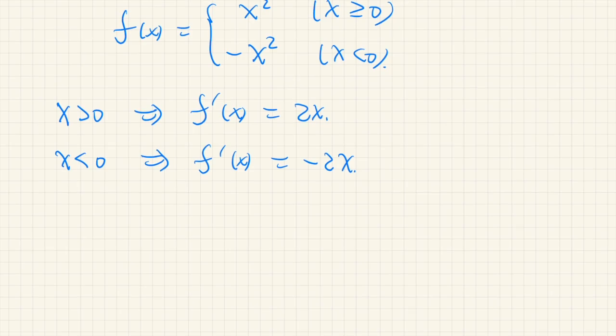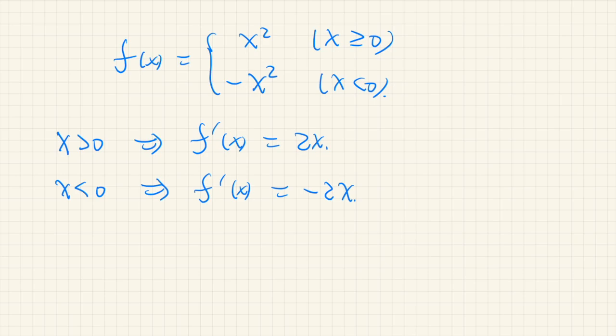For the differential coefficient at x equal to 0 to be defined, the right limit and the left limit must match. So let's see that. x going to 0 from the right. In that case, x is positive, so we have x squared.